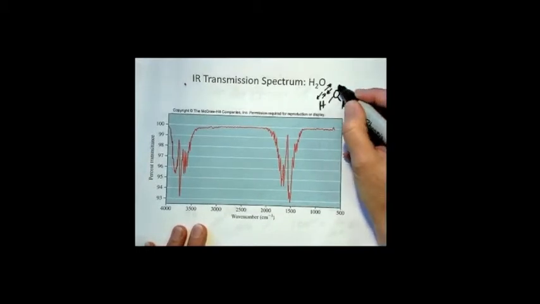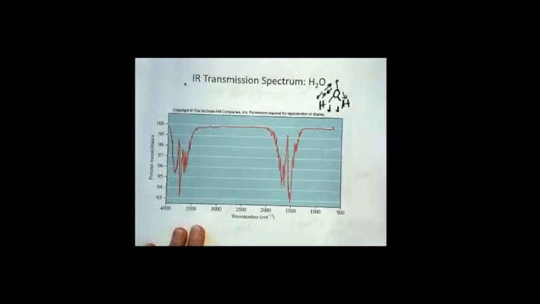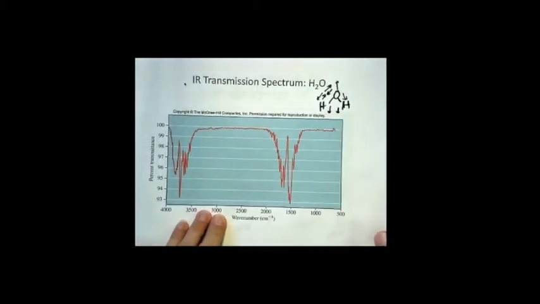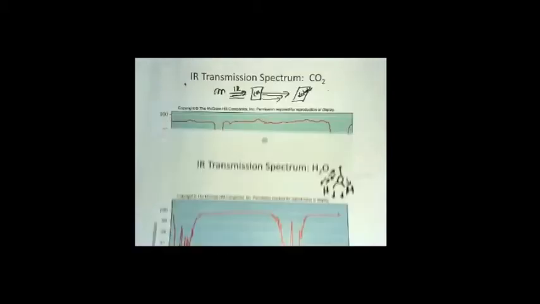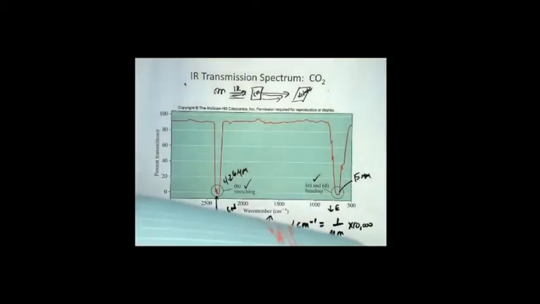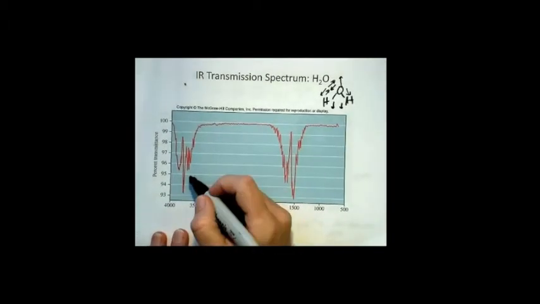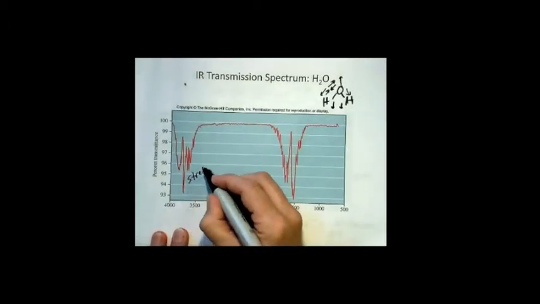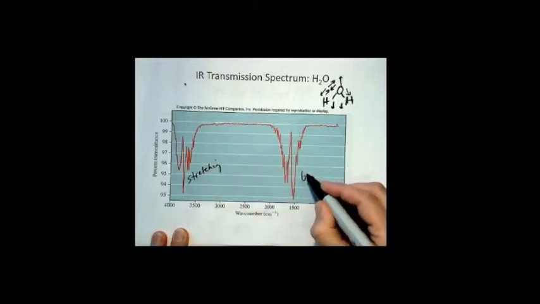Bending, the whole molecule could be bending up and down and up and down, back and forth. So which one do you think would be due to the stretching? If you look back at the carbon dioxide, the stretching takes more energy, so we would guess that the stretching absorptions are here and the bending absorptions are down here.